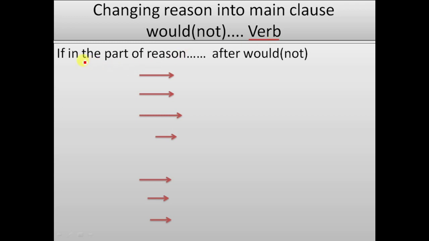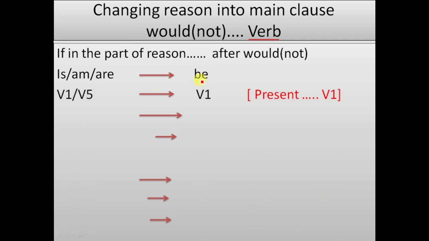If in the part of reason there is am, is, are, it should be changed into be, or after would not we have to use be. Similarly, if there is V1 or V5 in the part of reason, we have to change it into V1 after would or would not.